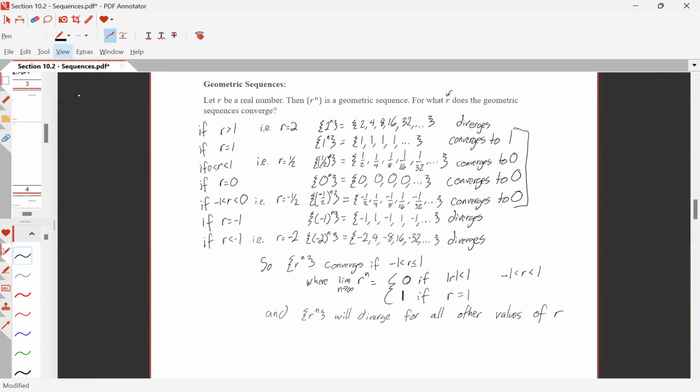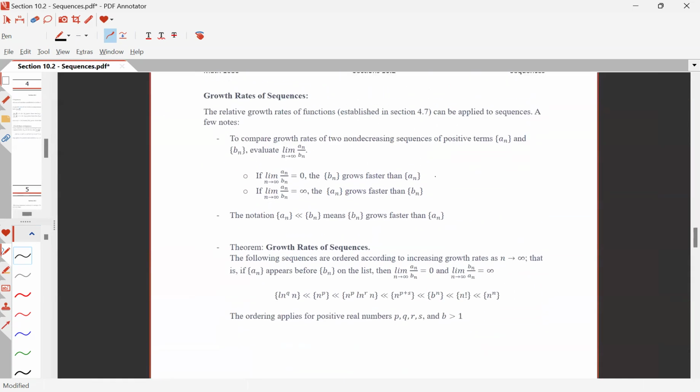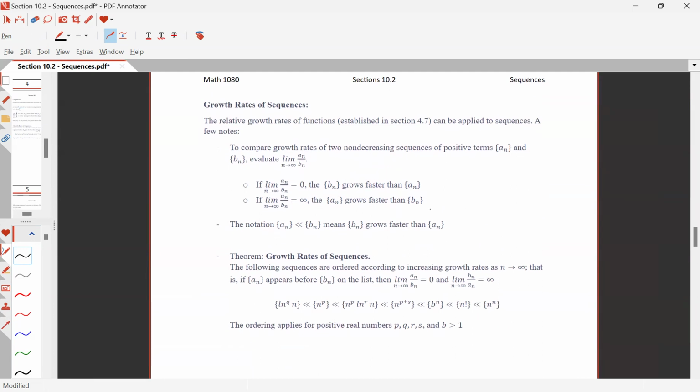So we have a nice rule now for if we see geometric sequences. And our last sequence rule before we see examples in the next video is growth rates of sequences. And hopefully you saw this same information in section 4.7 of Calc 1, which would have been L'Hopital's type things, where the growth rates of functions can also be applied to sequences.